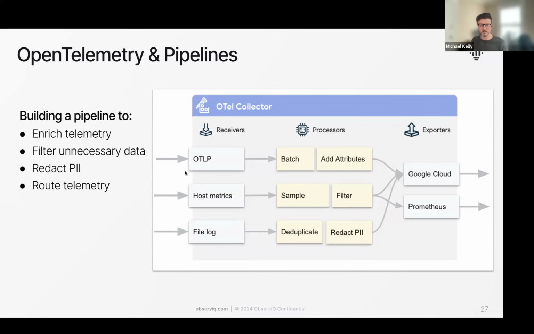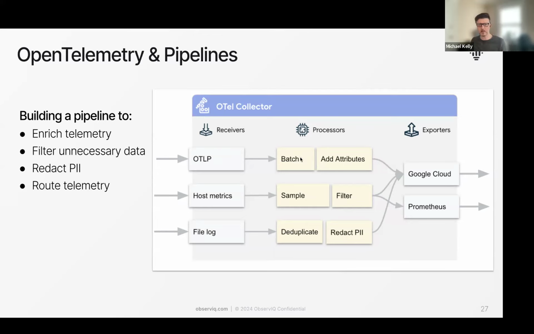So we describe this OpenTelemetry architecture diagram first. In this case, we're receiving data. These are standard OpenTelemetry receivers, very basic receivers, can receive OTLP, can receive host metrics, and can receive a raw file. We can apply processors within that pipeline as it's moving through.